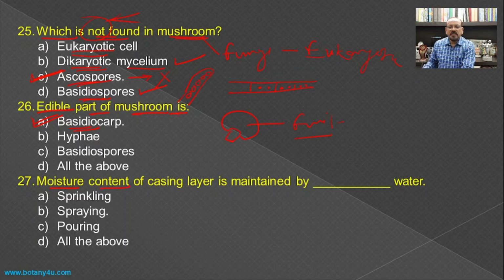Then moisture content of the casing layer is maintained by, there is necessity to maintain the moisture after casing so that the hyphae which are present there may not dry. So this is carried out with the help of a sprayer, and hence this method is known as the spraying.